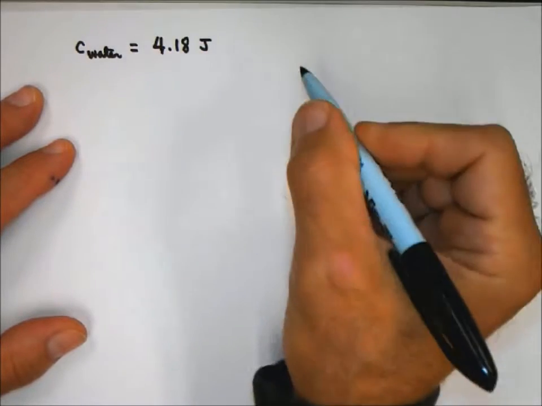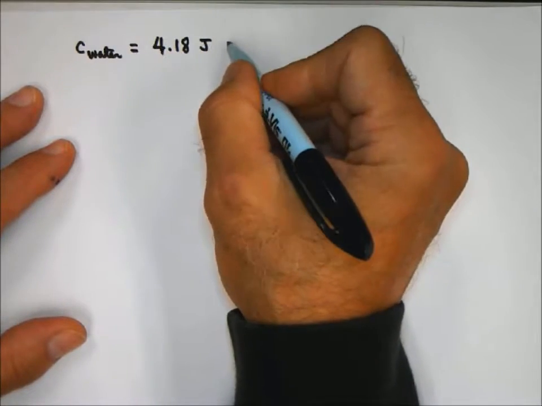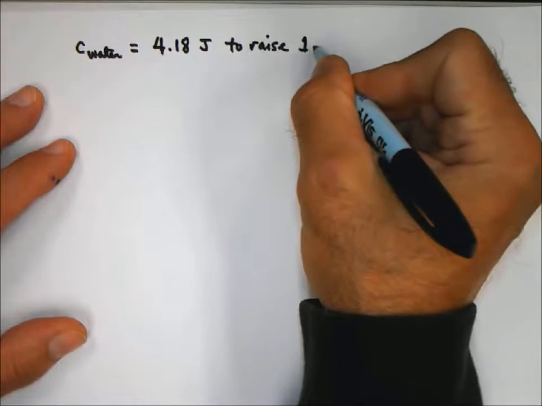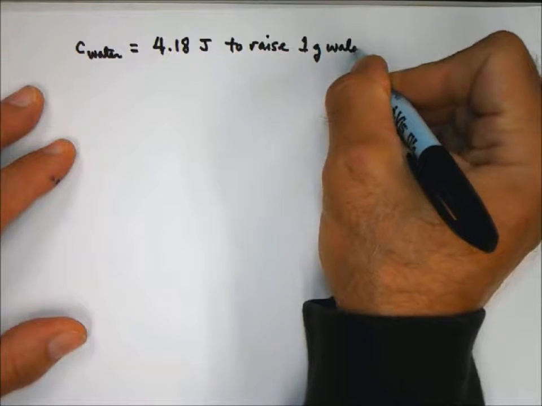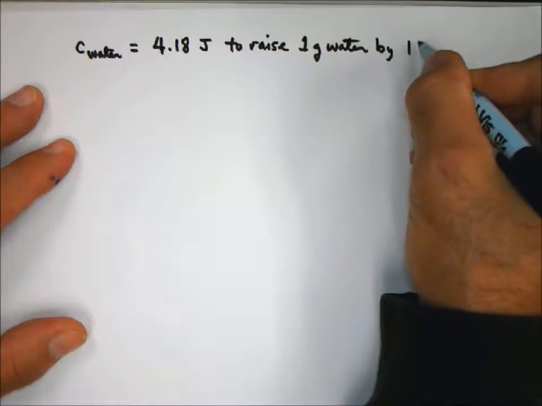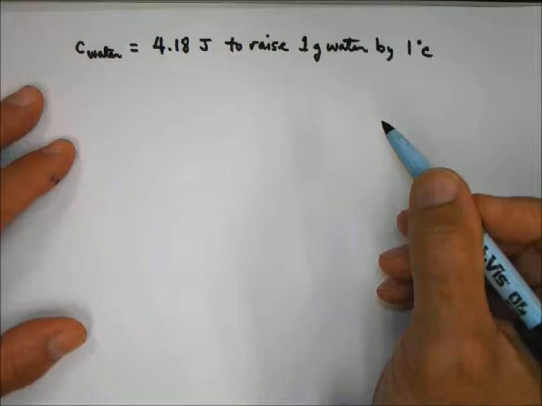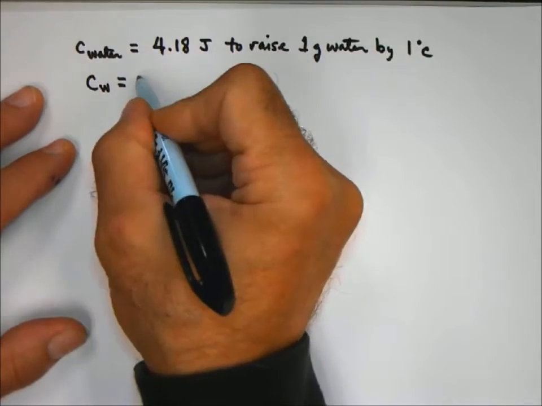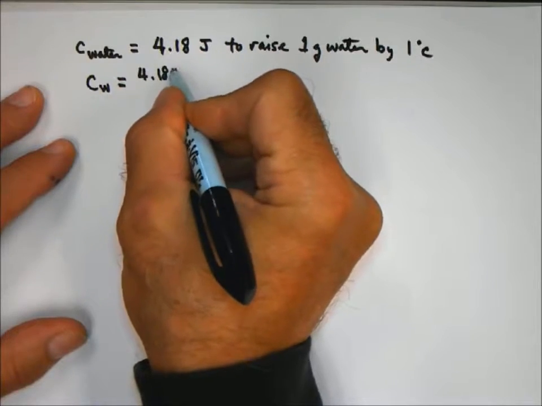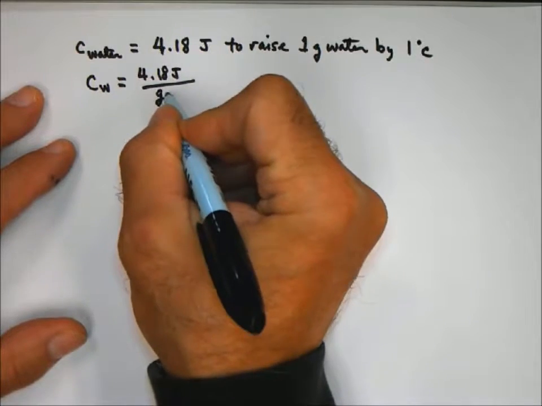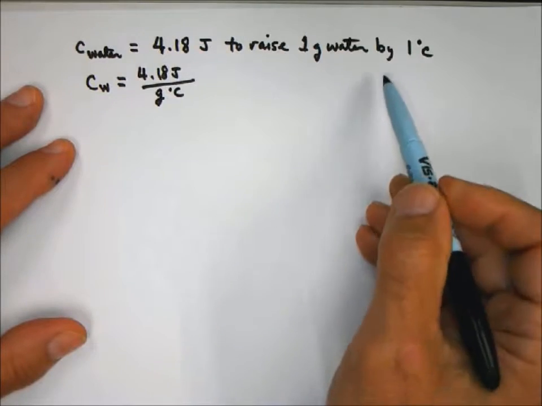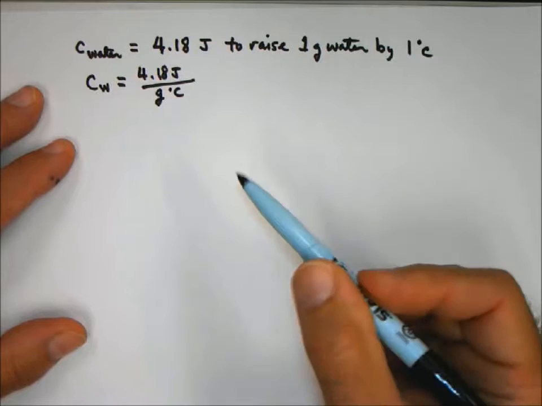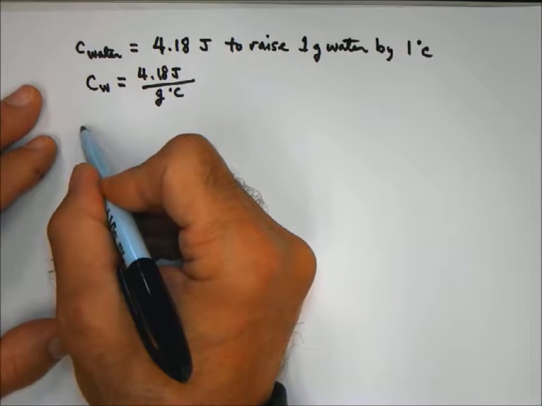It takes 4.18 joules of energy to raise 1 gram of water by 1 degree Celsius. And so we symbolize that. We'll just put C_W there for the specific heat of water. That's equal to 4.18 joules per gram degree Celsius. That's how it's usually expressed. This means this.